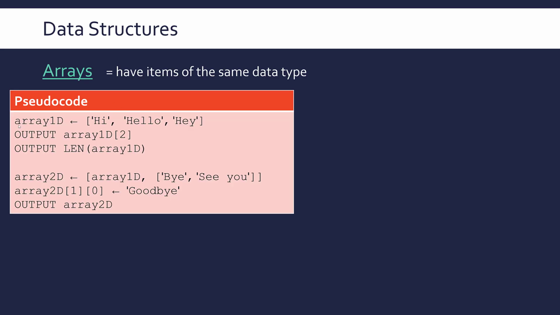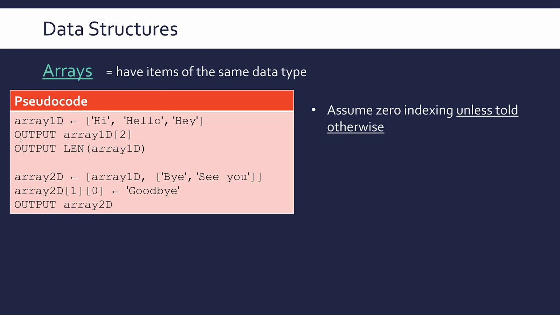So this first line, array1d, is assigned the items hi, hello, hey. So the list has got square brackets around it, and the commas separate out items. Now, to access items, we index it. Indexing is following the name, putting square brackets, and a number. The number represents the position of the item.